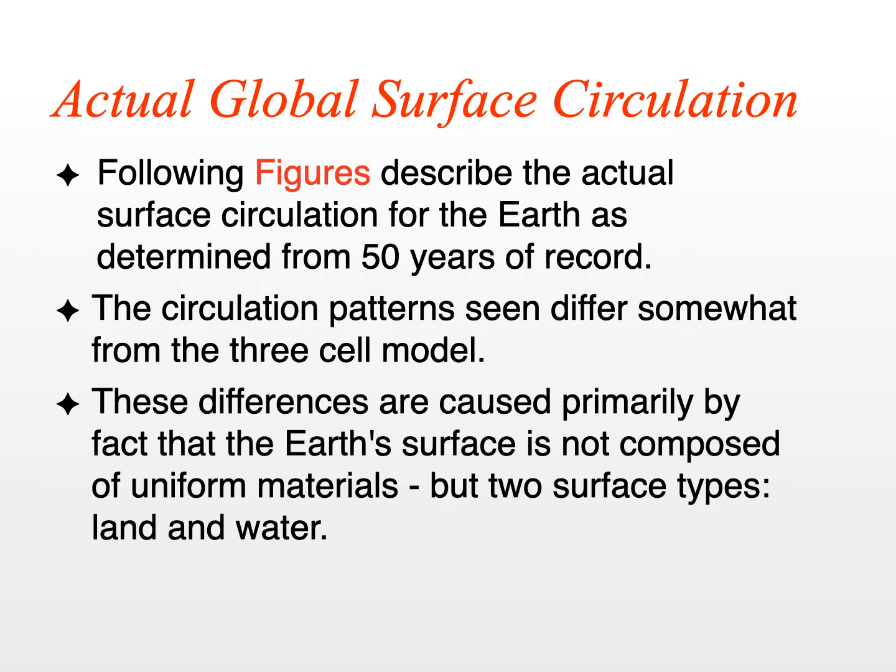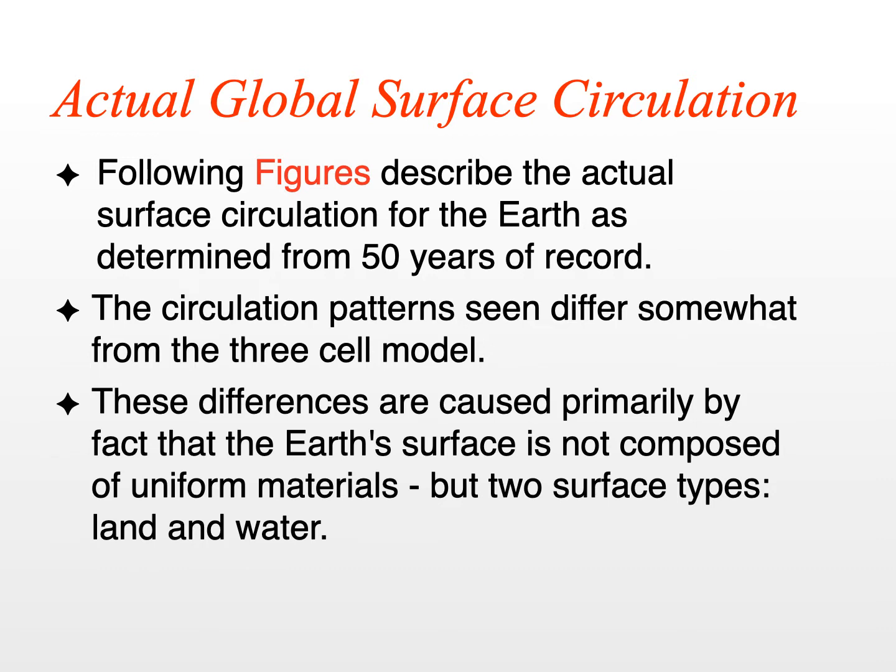And I'm lucky to have 50 years of record, and we can use these 50 years to see the average circulation patterns that exist for the surface of the Earth. And you're going to see that these patterns only differ a bit from the three-cell circulation model that was shown in the previous section.